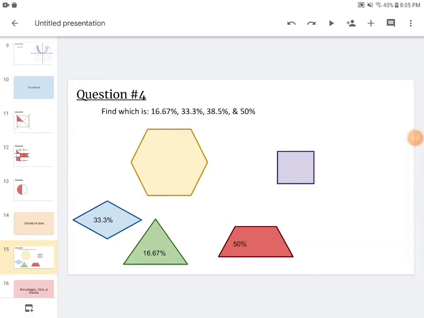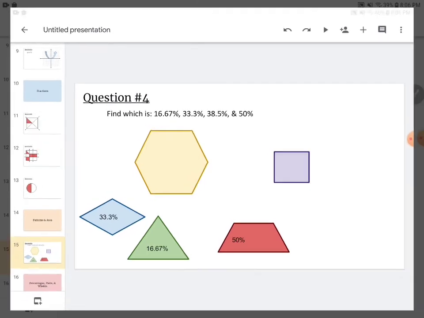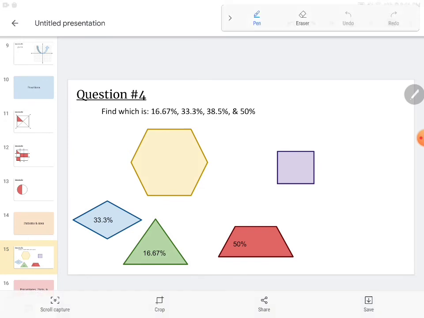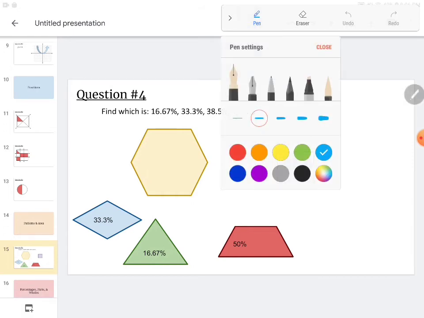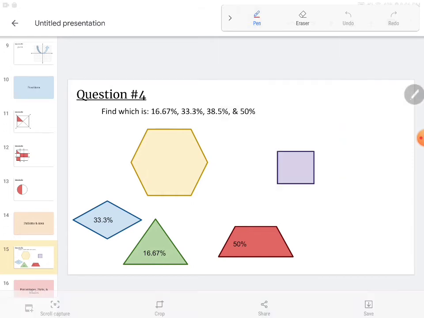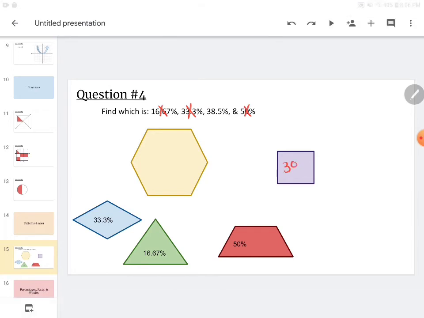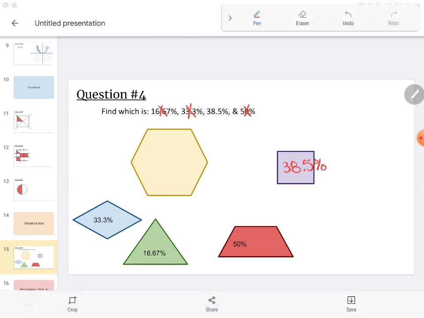Now, last but not least, we have the percentages for our rhombus, we have the percentage for our trapezoid, and for our triangle. Now we need to find the percentage for our square. And since we have just about everything else, we have 33.3, 16.7, and 50%, we can determine that 38.5% of our hexagon will be taken over by our square.